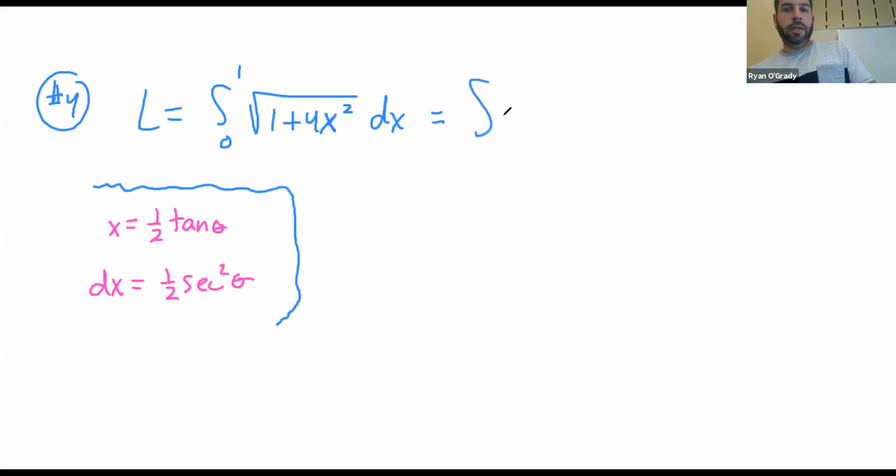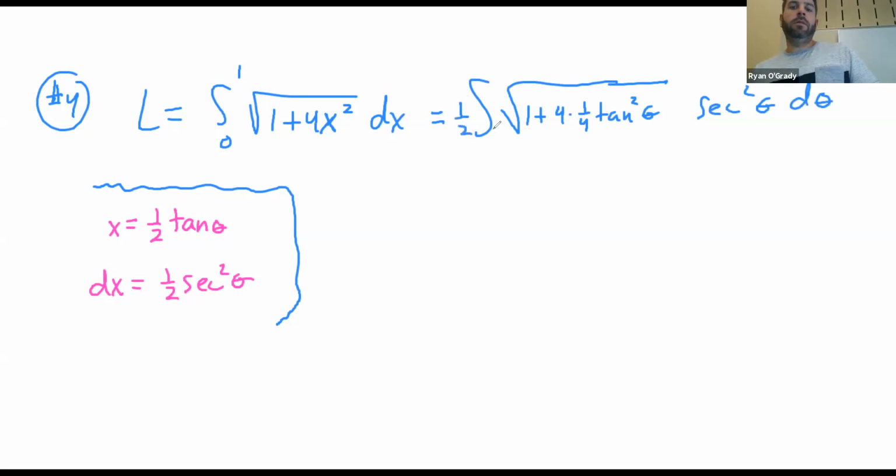And so when I do that inside, I get 1 plus 4 times 1/4 tangent squared, and then a secant squared, and then I also have a 1/2 out front. And then my bounds. What are my bounds? Well, if x is 0, then theta has to be 0. And then here's one that's going to scare the ghost out of you.